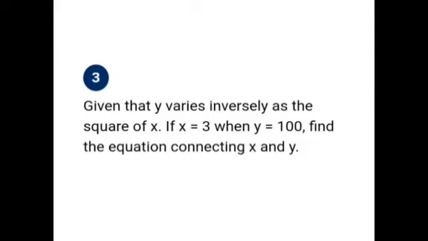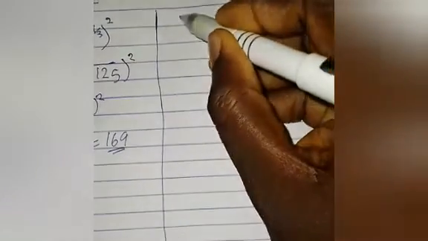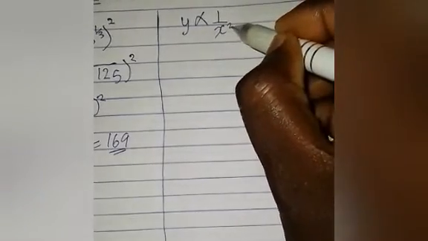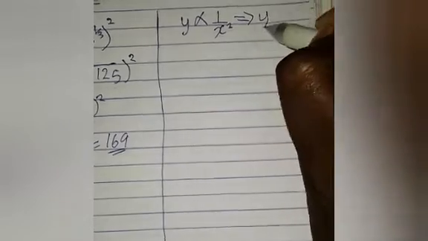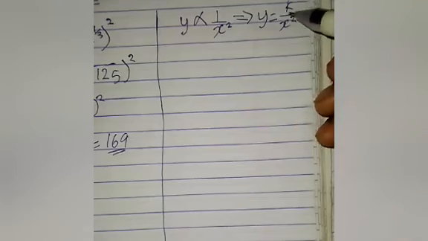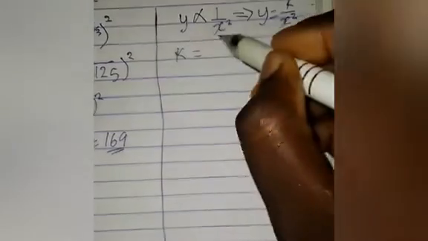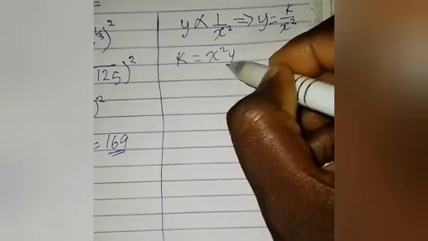Number 3. Given that y varies inversely as the square of x, if x equals 3 and y equals 100, find the equation connecting x and y. Y is inversely proportional to x squared implies that y is equal to k over x squared. Making k subject of the formula, we now have k equals x squared y.